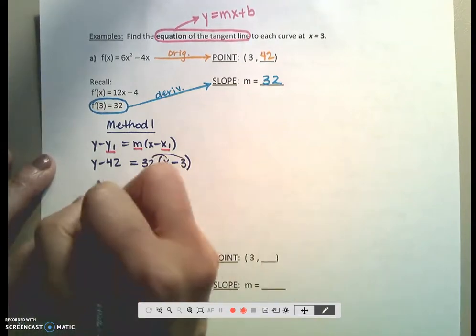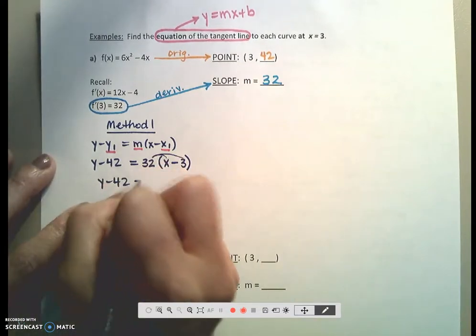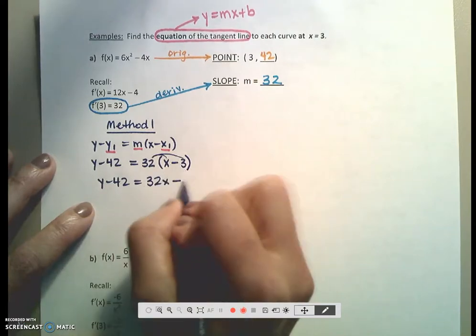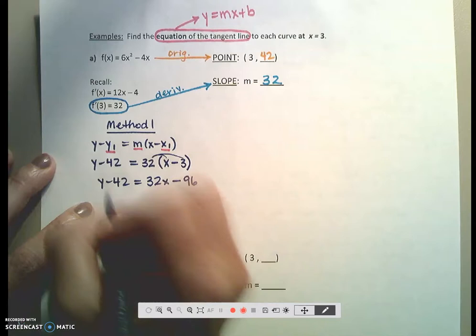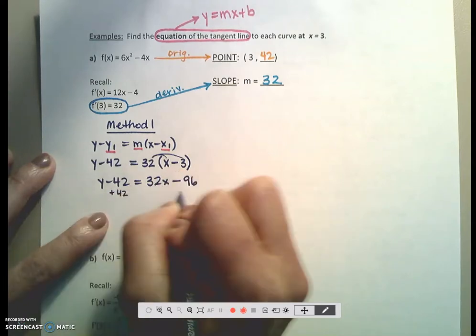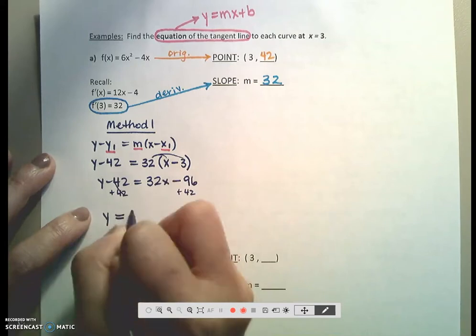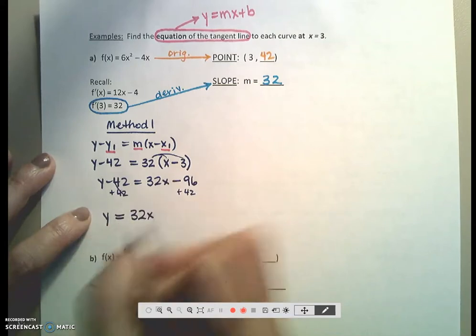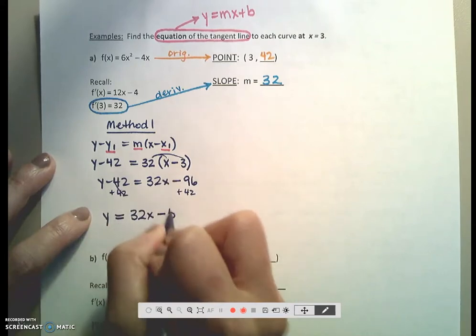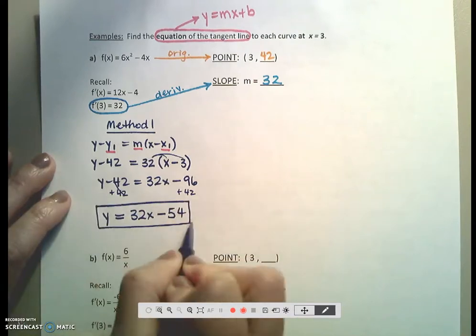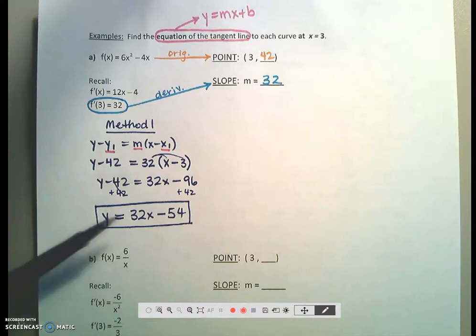You distribute here, you get y minus 42 equals 32x minus, what is that, 96? And then you have to add 42 to both sides, and you're going to end up getting y equals 32x minus 54. And that is the equation of the tangent line at the point 3. That's one way to find it.